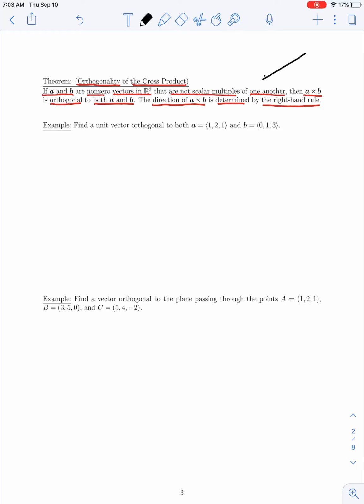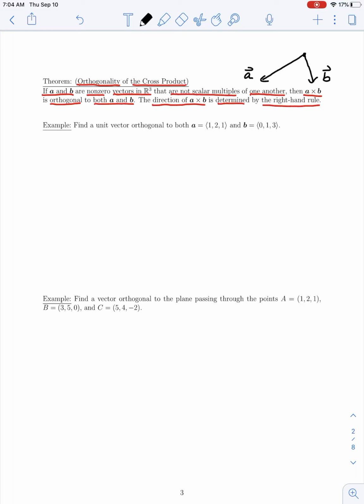So suppose that we have two vectors in space, A and B, and I'll draw their representation such that they have the same initial point.